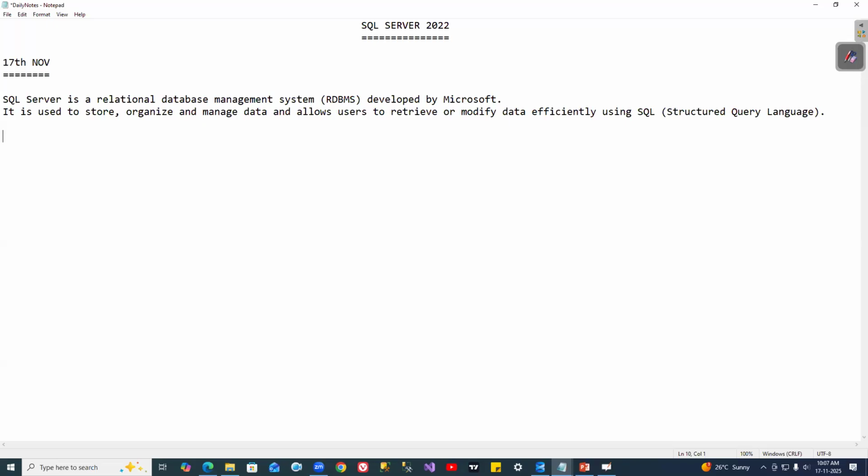So SQL Server helps to store, manage, protect, and retrieve the data efficiently. That's why we need SQL Server in every industry. Let us see it a little deeper so that you understand exactly what it is and why we need it. Now let me show the PPT.